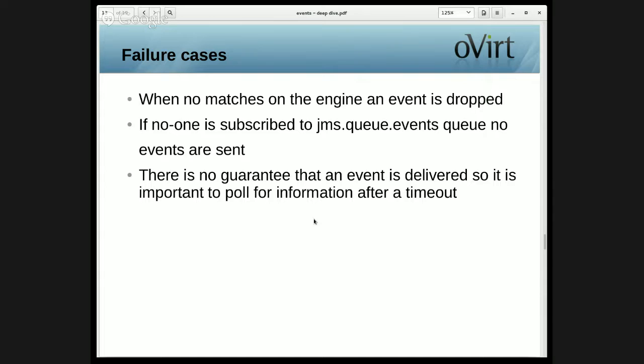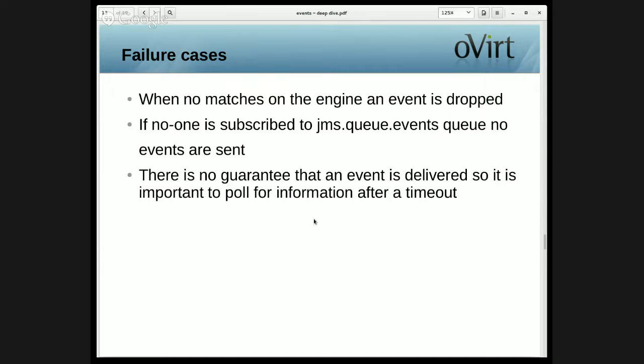On the other side, VDSM won't send any events if no one has subscribed to jms.q.events. If no connection subscribes to that particular name, which is the destination from the Stomp perspective, so this is the queue name, we won't send anything from VDSM.